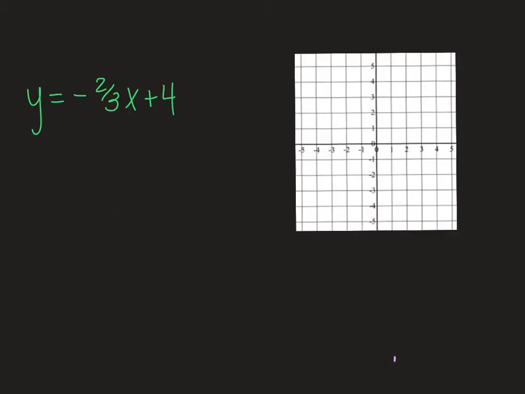All right, y equals negative 2/3 x plus 4. Where do I start? Where's my first dot? First dot is at positive 4 because I have a positive 4 at the back. That's my first dot. My first dot's always on the y-axis. It's the y-intercept. Where do I go from here?